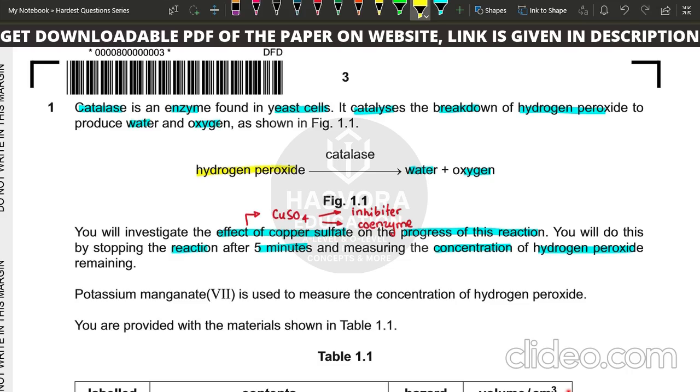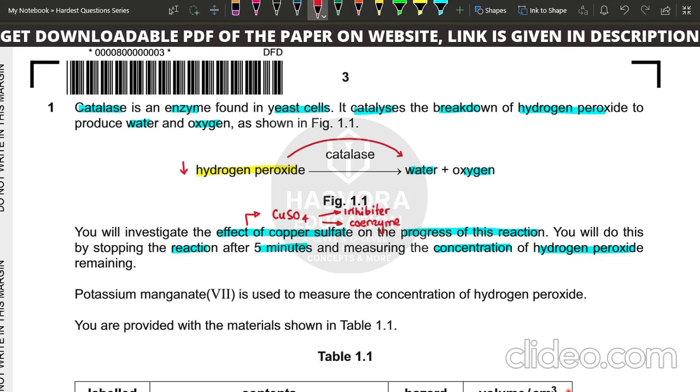If there is a low hydrogen peroxide concentration, we will deduce that there has been much activity of the catalase, and most of the hydrogen peroxide has been converted into water and oxygen. But if there is a high hydrogen peroxide concentration, this means that the catalase activity has been reduced, and the reactant has not been converted. Most of the time he checks the activity by the products, but here he's trying to confuse you a little bit.